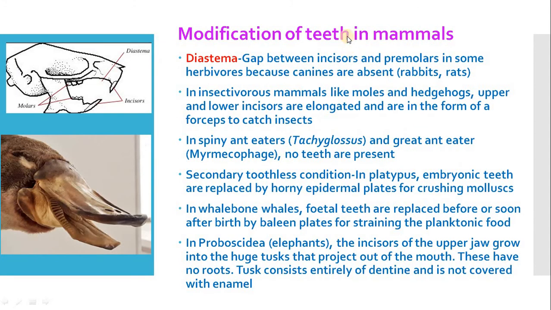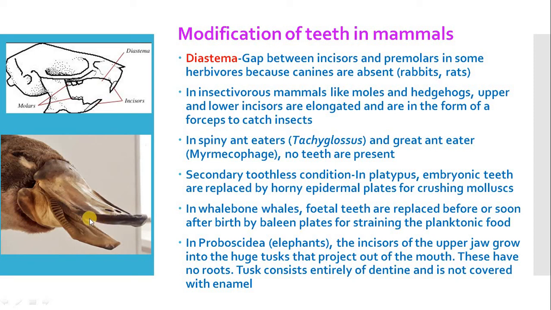Okay, then modification of teeth in mammals. We have already seen the diastema, a gap between the incisors and premolars in some herbivores because canines are absent. In insectivorous mammals like moles and hedgehogs, upper and lower incisors are elongated and are in the form of forceps to catch insects.